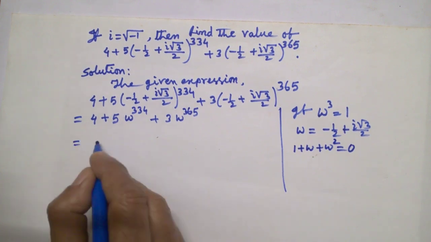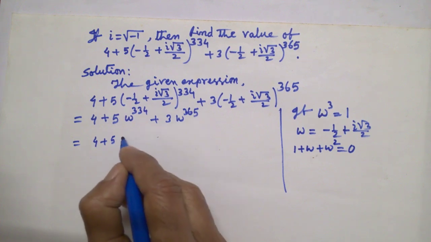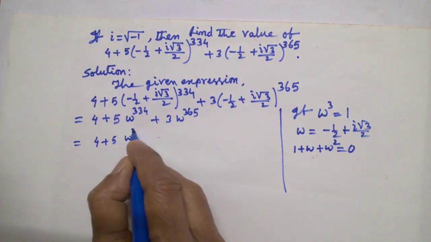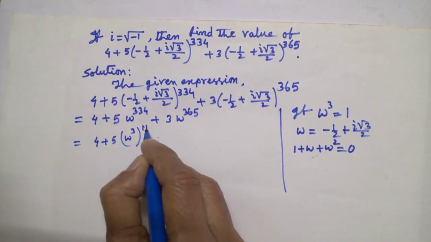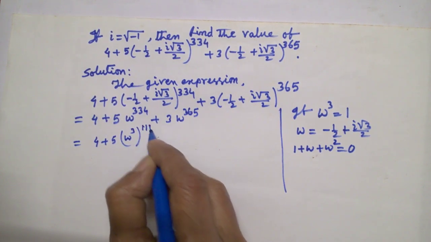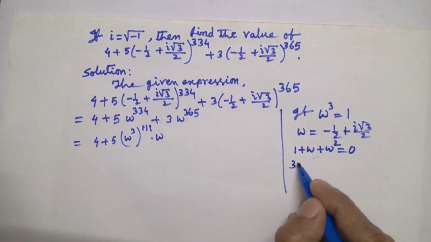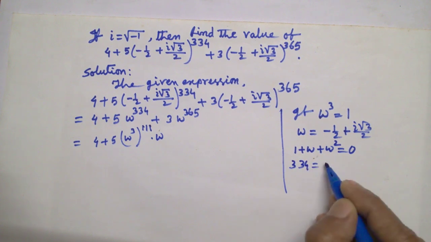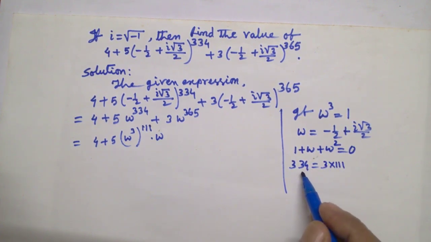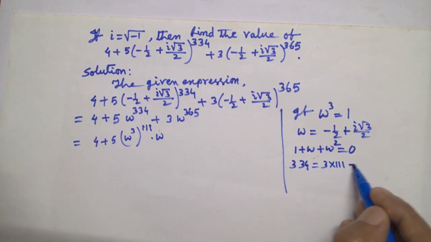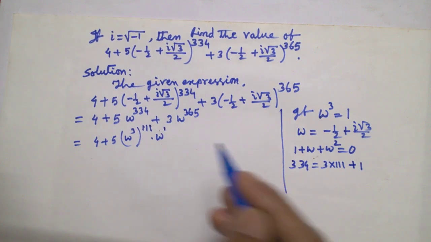So next, 4 plus 5 (omega cube) whole to the power 111 into omega. See, we can write 334 is equal to 3 into 111 plus 1. So this is equal to omega.